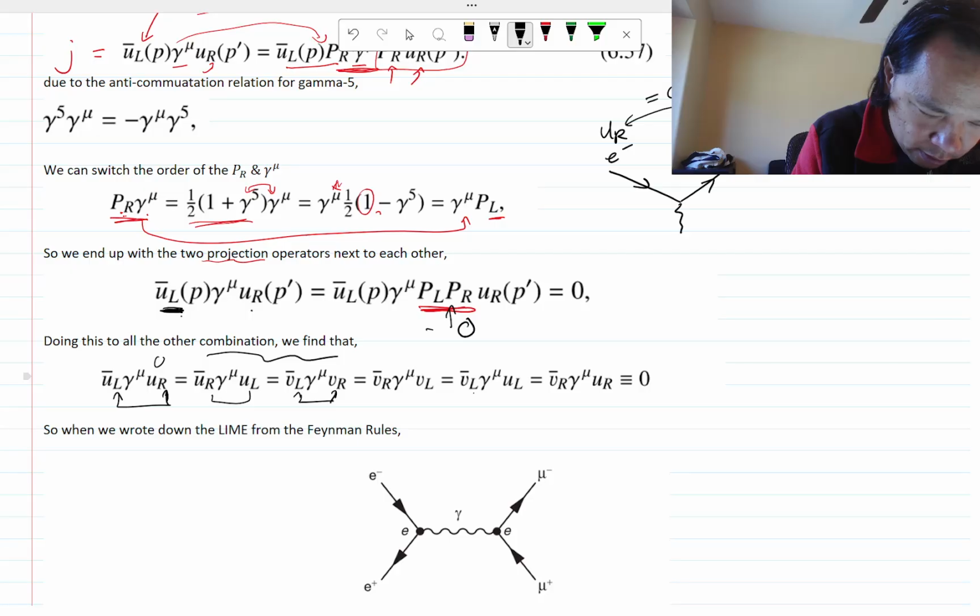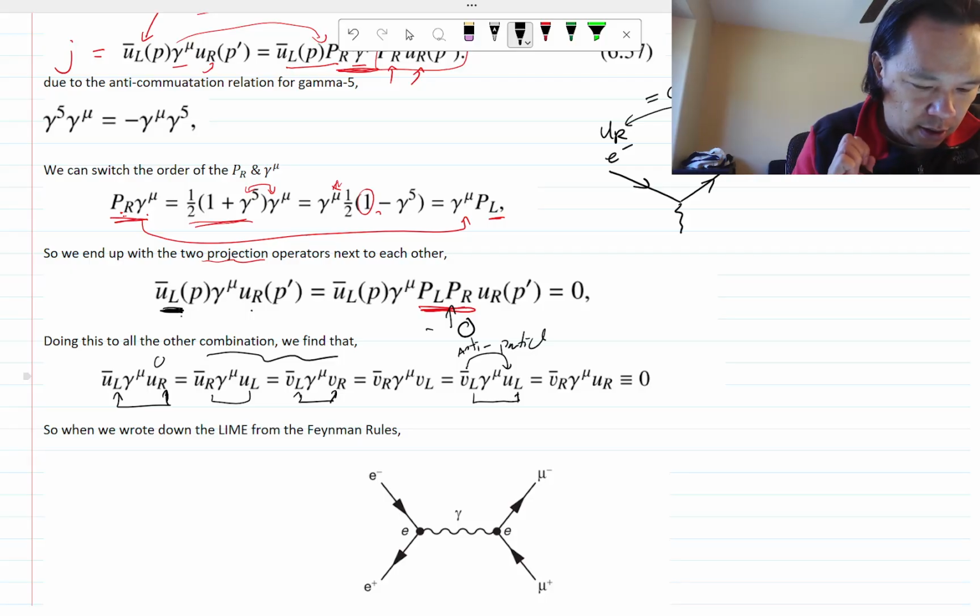When you have antiparticle to particle, it is when they have the same chirality that it is 0.